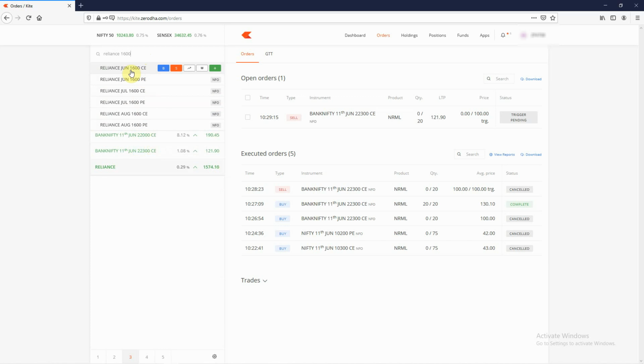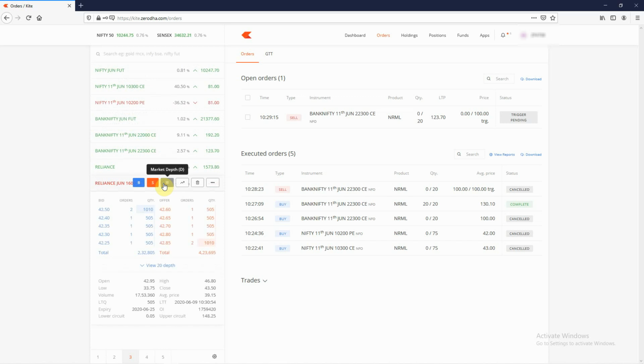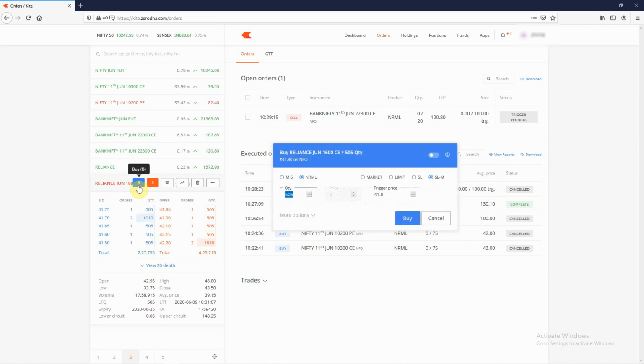Say I'm looking to buy a contract, so I select this. The price for one contract of Reliance is 42.50, and each contract of Reliance has 505 shares. If I were to buy one contract at the current price, I either place a limit order or a market order. As I explained, limit gives you the price you want to buy at, and market means you hit the market right now.